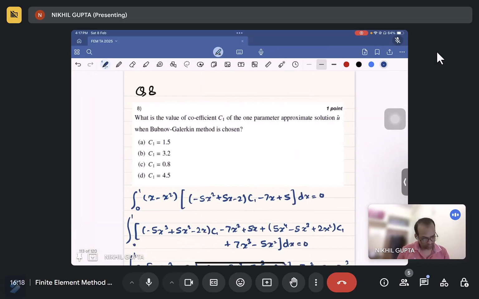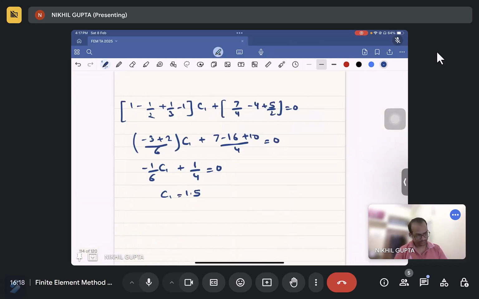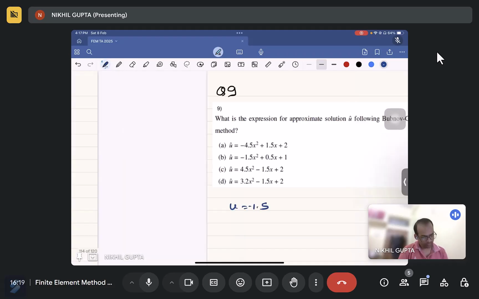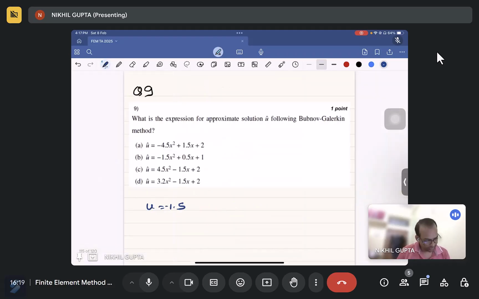So we just have to find this constant, C1, which is 1.5. This is the last question of this series we are solving. So you just have to get the value, and since you have C1 as 1.5, you will get 1.5x square plus 0.5x. The answer will be B.